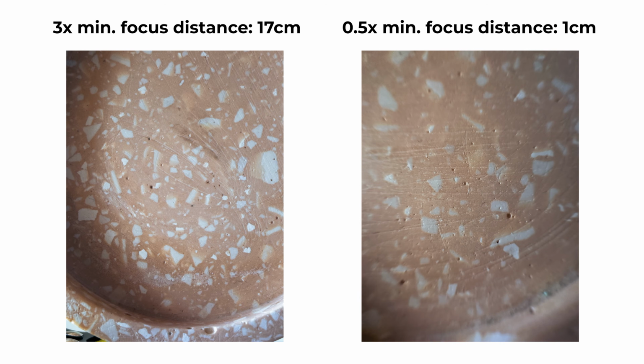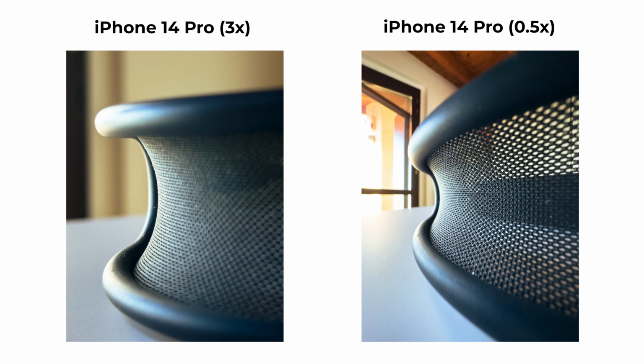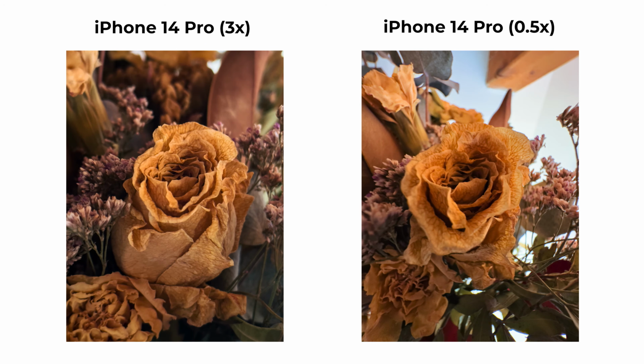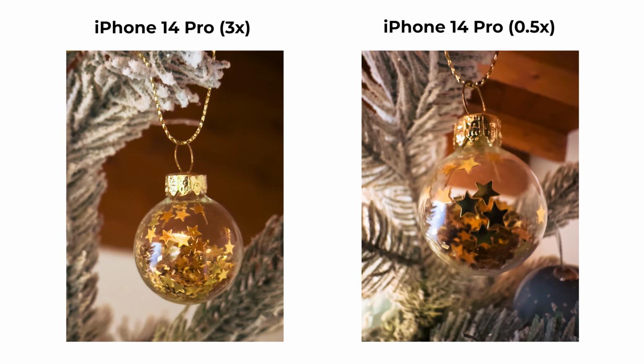In fact, throughout my testing and measurement, I've discovered that the 3x can focus as close as 70 centimeters. But since it is a 3x lens, the phone can focus on a subject very close, and using a longer lens, the result is much more pleasant compared to using the 0.5x on the same subject.